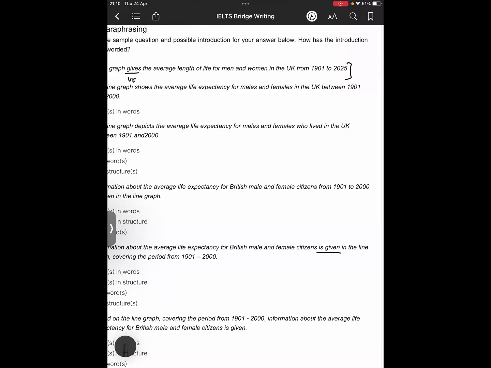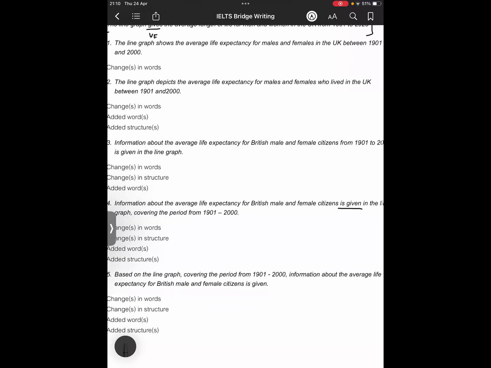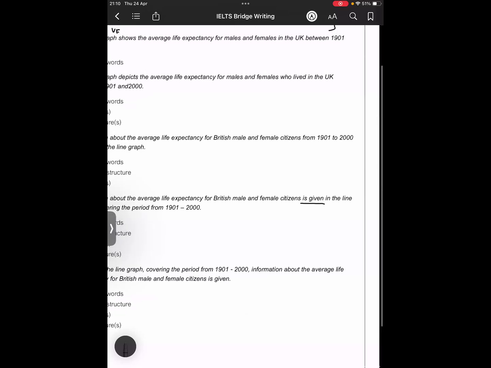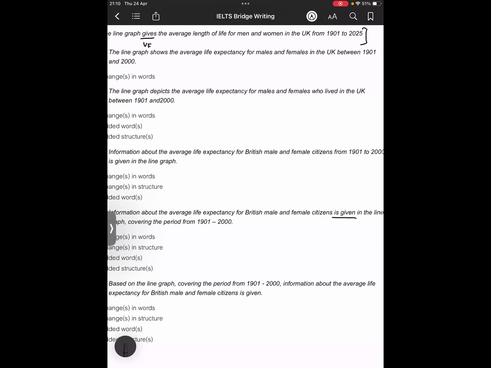So from give becomes given, and given will be preceded by a linking verb, is. So we can now say information about the average life expectancy for British male and female citizen is given. So that's the main change now.